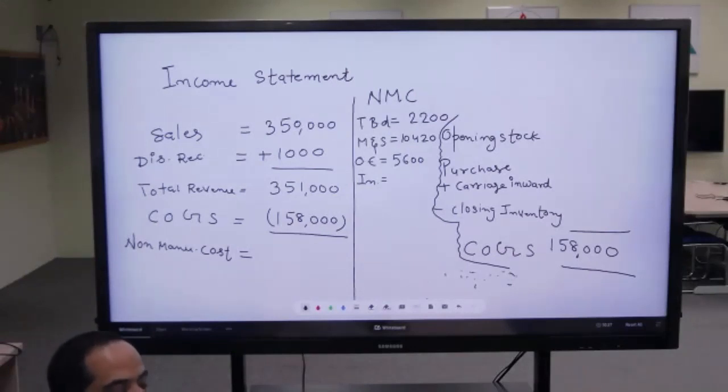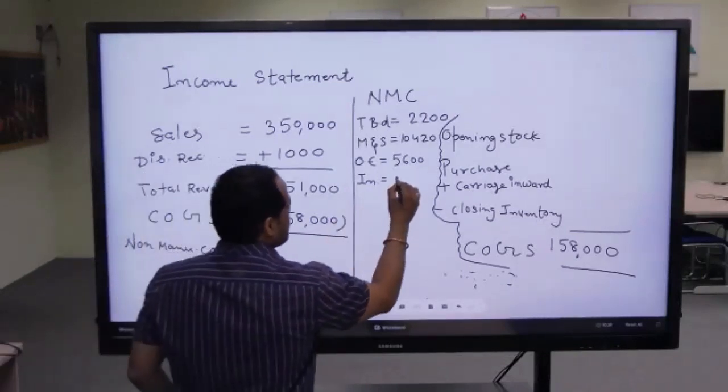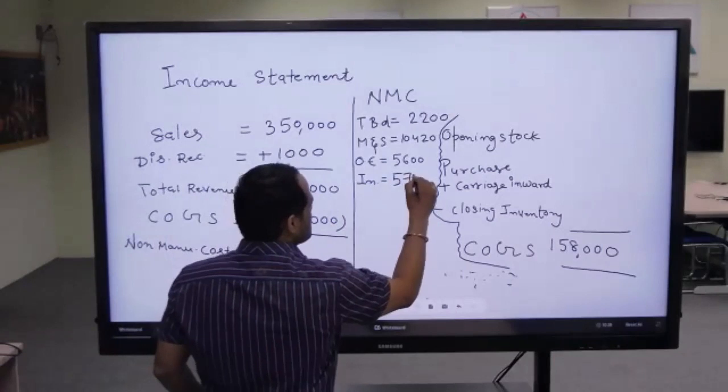Because as per your question, the insurance is 6,700 and 1,000 is prepaid. I think you forgot the adjustment for prepaid, which is 1,000. You go back and check what the adjustment was for your prepaid. That's right, 5,700. Insurance is 5,700.